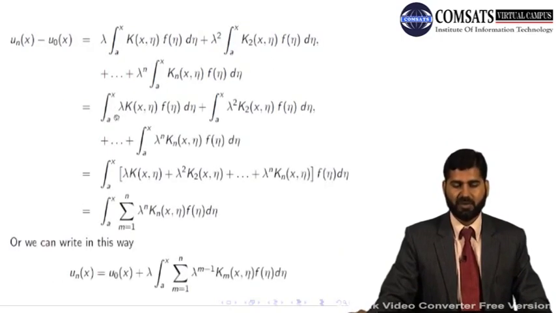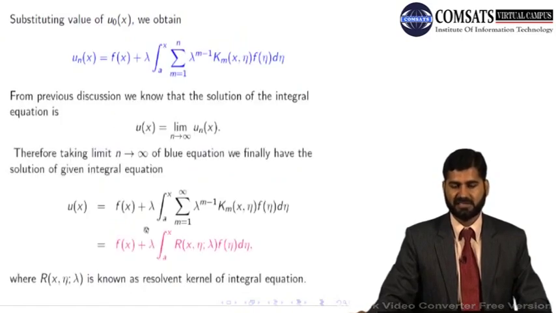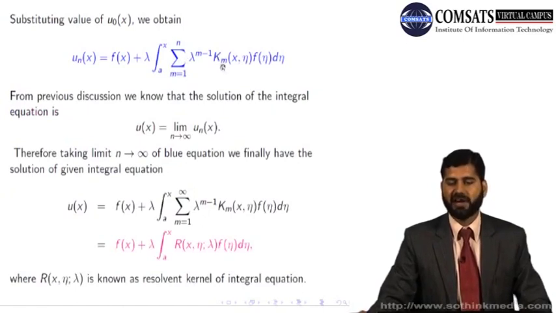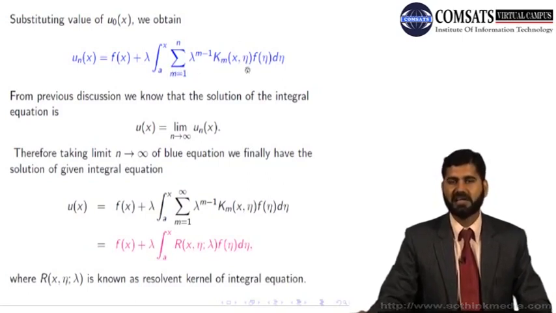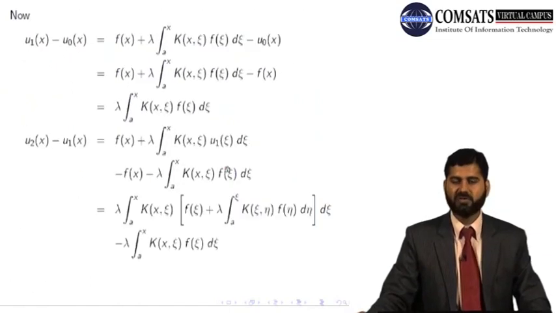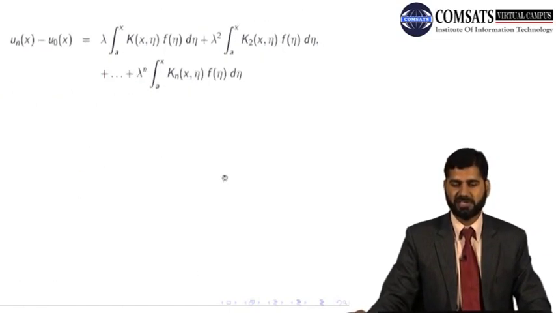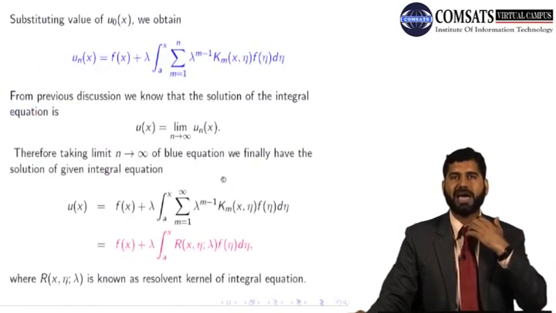After finding that, we obtain the formula for the resolvent kernel, which is this one. So after finding k1, k2, k3, and so on, we replace them here, and this summation is your resolvent kernel. We simplify this resolvent kernel, and then this is your final solution. In this procedure, we explained everything, but in examples we don't go through every step.